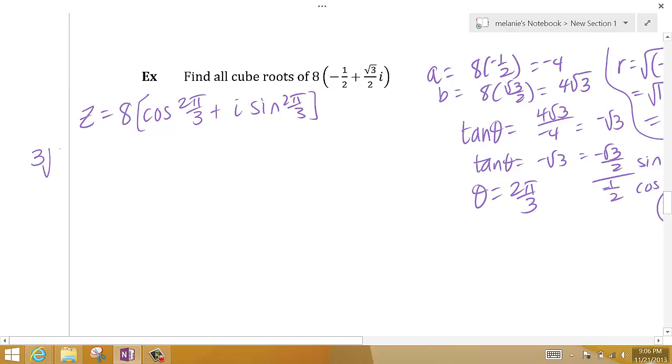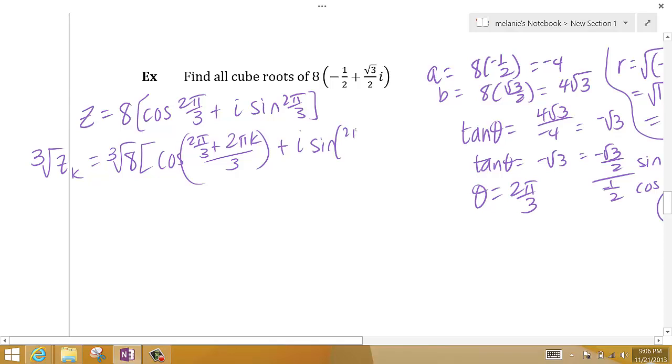So if I want the cube root of z, I can write the k forms. I'll get the cube root of 8, and I'll get cosine of 2 pi over 3 plus 2 pi k over 3. And the 3 is because it's a cube root. And then i sine of 2 pi over 3 plus 2 pi k over 3. What happens when k is 0?